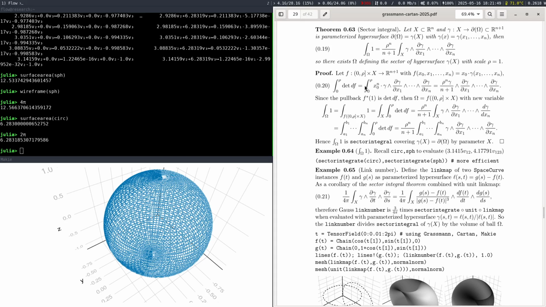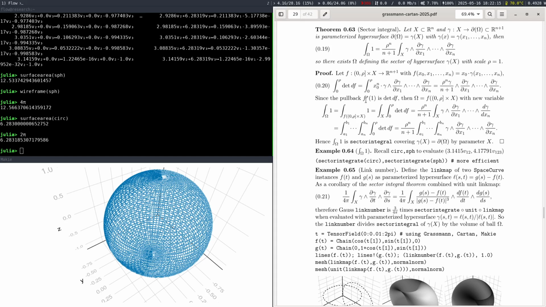And now we have to take the integral of this from 0 to rho, and that makes it so that we have rho to the n times gamma over n plus 1 wedge d gamma dx1 wedge d gamma dxn. And so this result can then be applied with a pullback, okay?